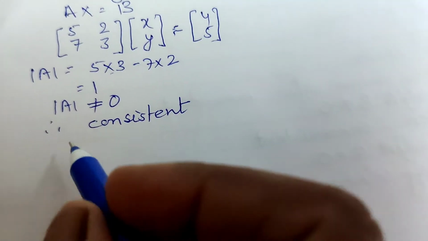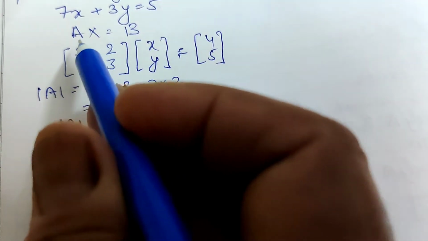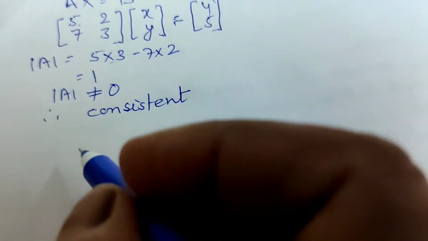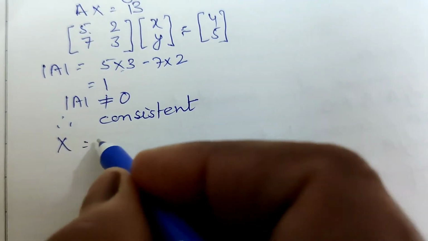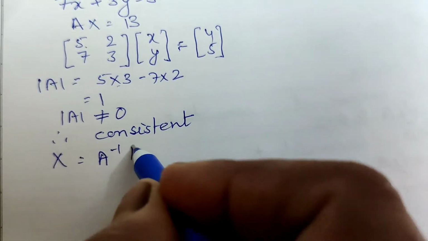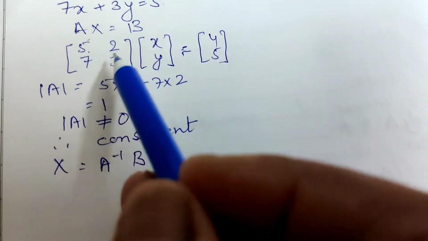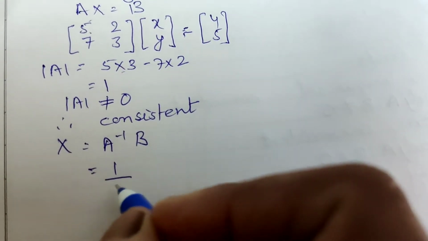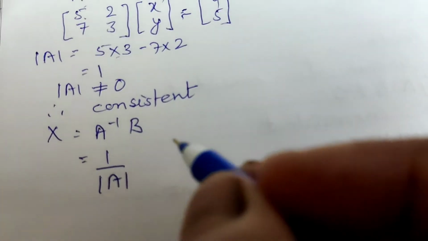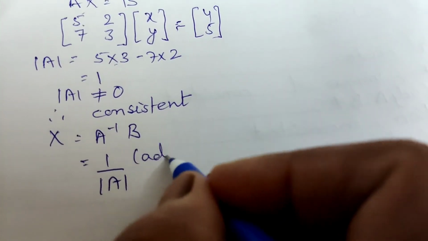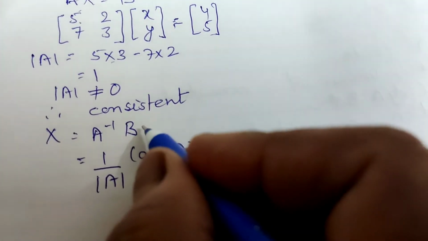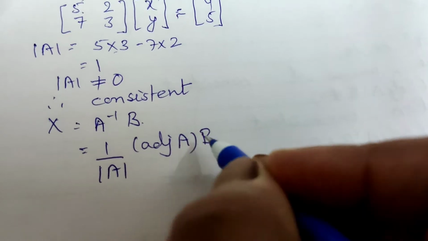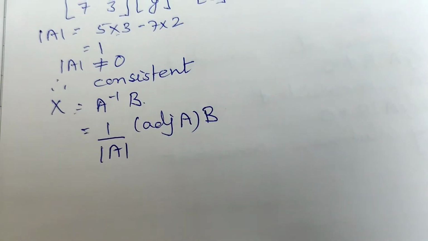Now find X. So we can write X equal to A inverse into B. A inverse equals 1 upon determinant of A into adjoint of A, multiplied by B. That will equal X.